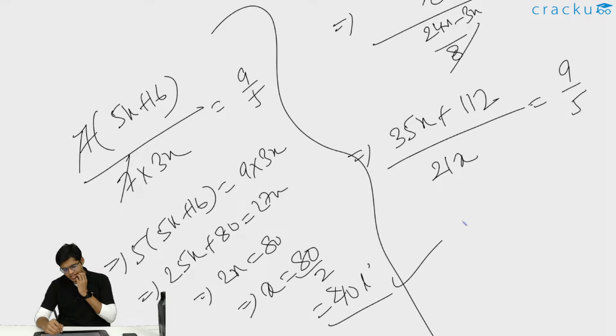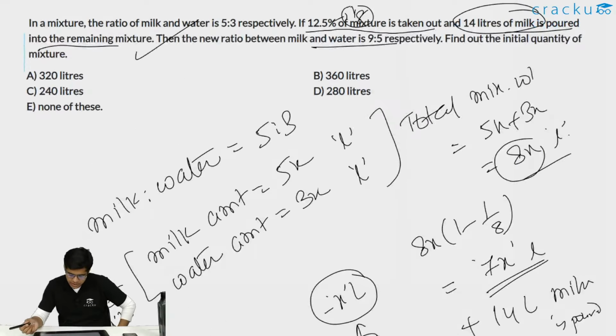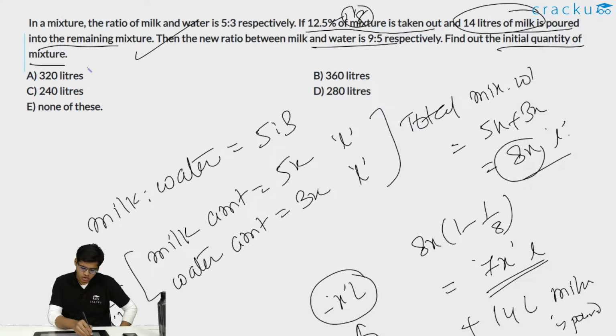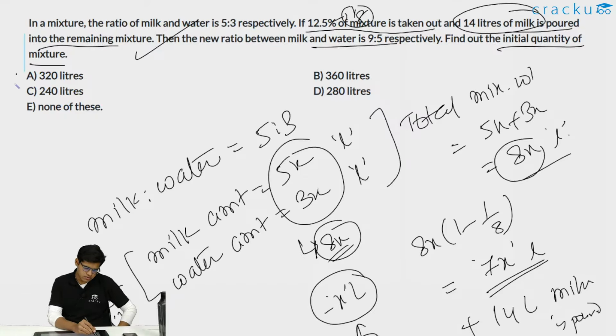X is 40 liters, right? Now if x is 40 liters, we need to find the initial quantity of mixture. So initial quantity of mixture will be 5x plus 3x, 8x. Now x is 40 liters, so it will be 8 into 40, which is 320 liters. Option A is the correct answer.